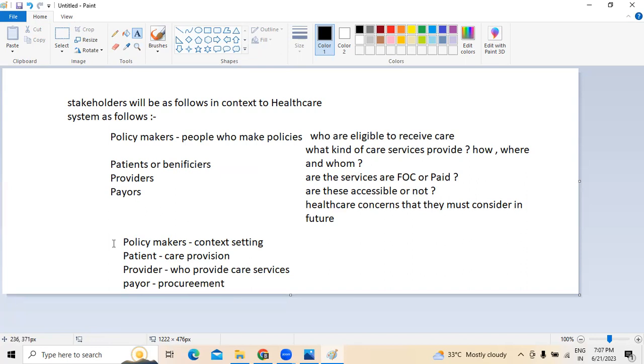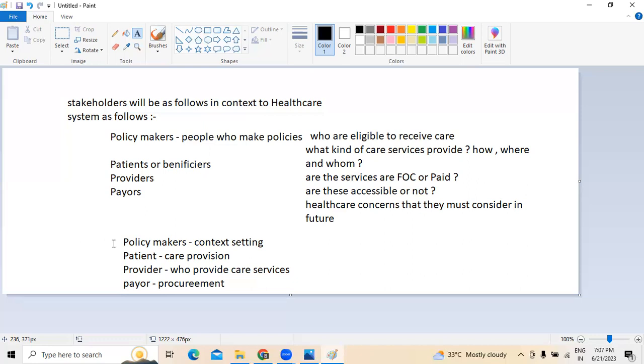How do policymakers interconnect with payers, providers, or patients? Followed by this, we must know the kind of activities these people have to do, and how they do them from different viewpoints.